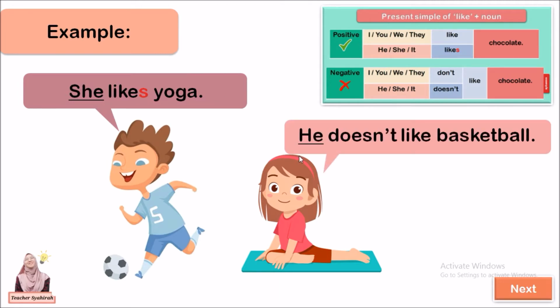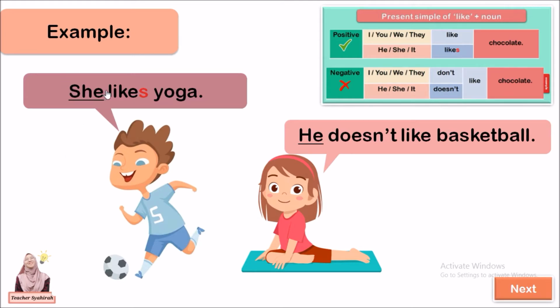Okay, next one. Read with me. He doesn't like basketball. Okay, he doesn't. Just now for they, we use don't. Now he, she, it, we use doesn't. He doesn't like basketball. Okay, same goes with this one.